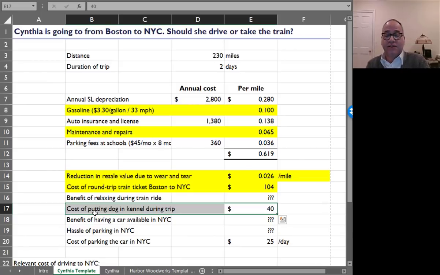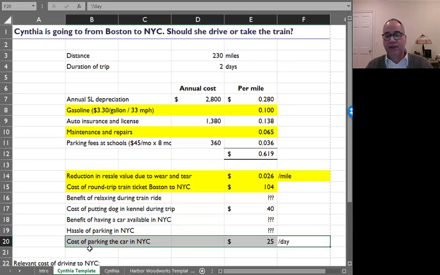Likewise, the hassle of parking in New York City is a big pain in the neck, and when you find a parking space, it feels really good. That's not relevant because you can't assign a number to it. Maybe you can. Cost of parking the car in New York City is relevant because if you take the train, then you don't have to park the car.